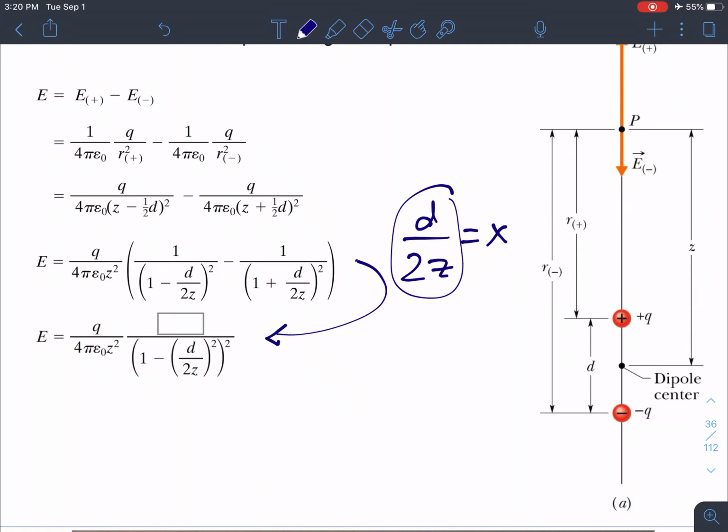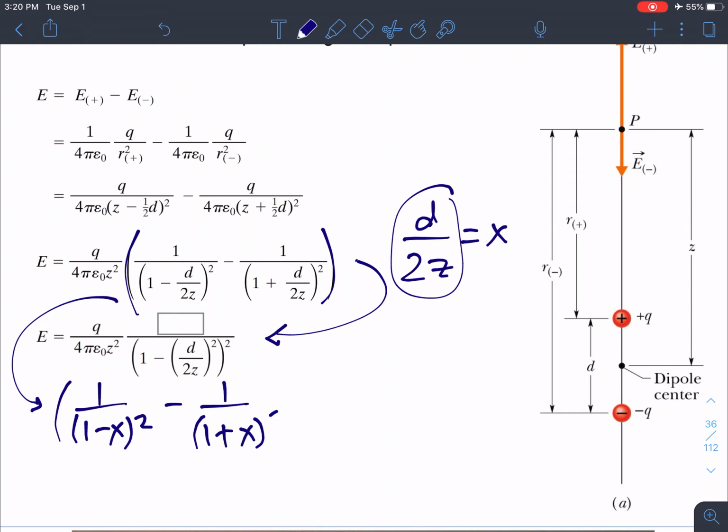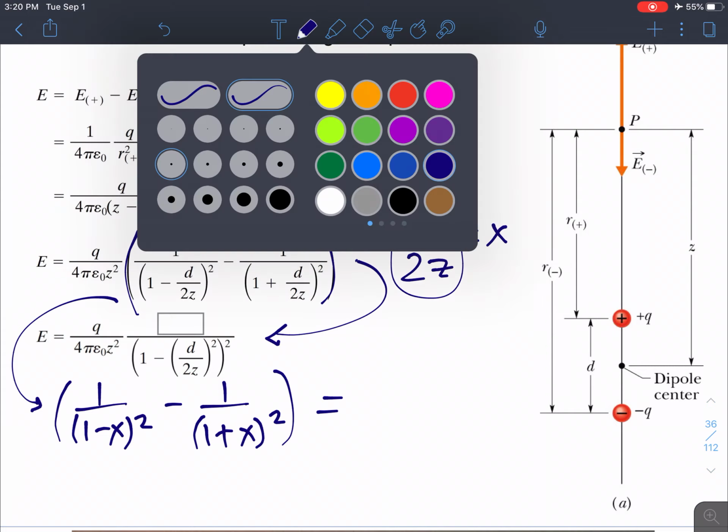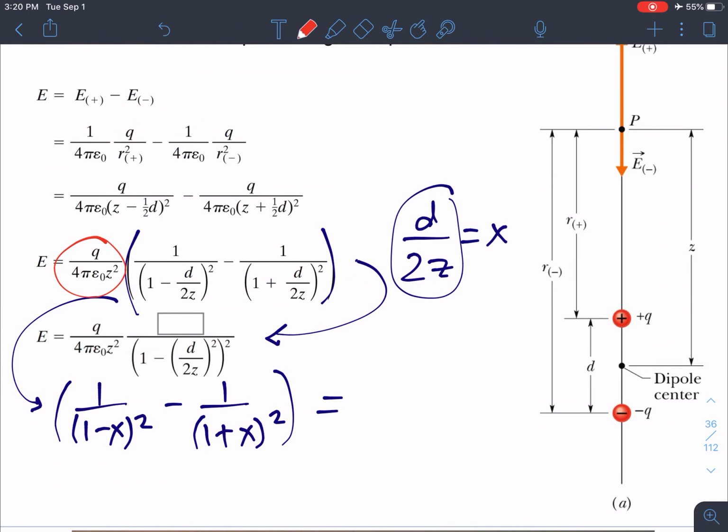So what I have is then, and I'm just focusing on this parenthesis, I'm gonna write that parenthesis here, 1 minus x squared minus 1 divided by 1 plus x squared, right? And look at these two, these are the same, so we did not put anything out, so these are still the same.